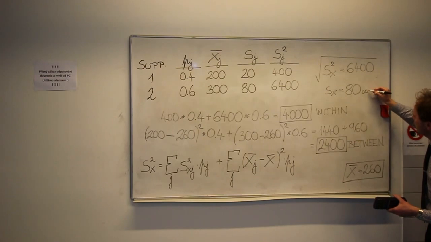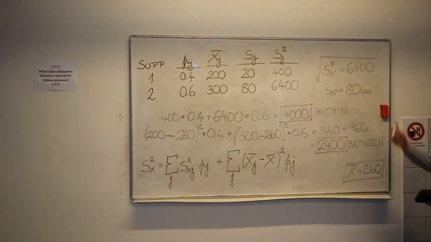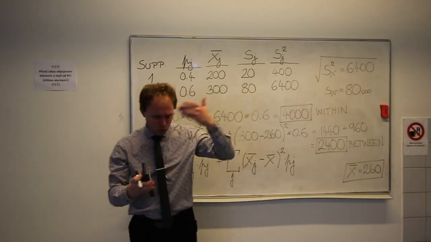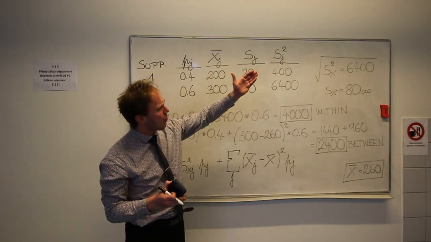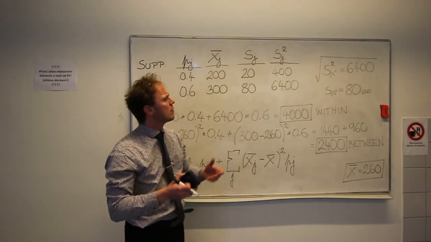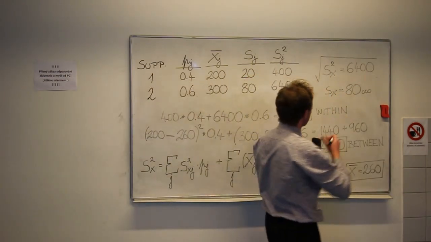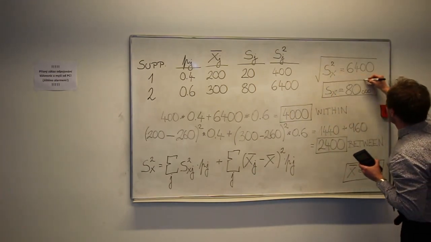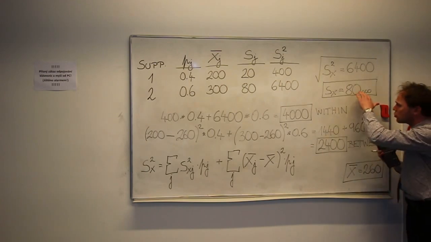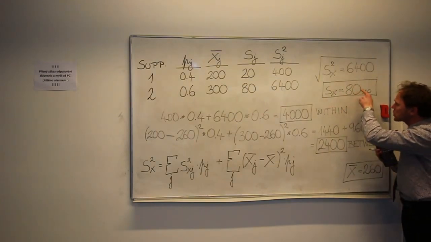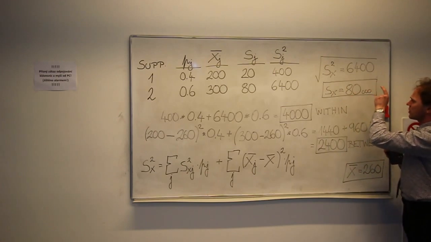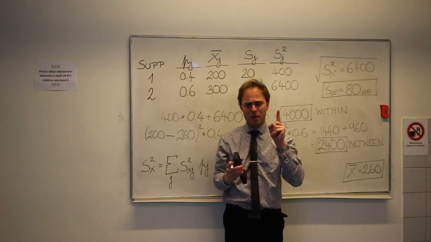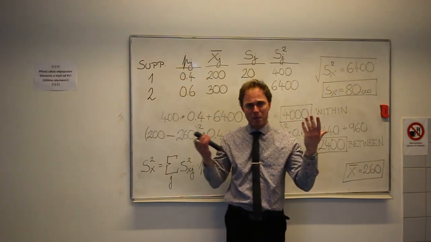Do you know original values were in 1,000 Czech crowns? So the total variance 6,400, but better for interpretation, better for understanding, is to recalculate this to original units. Standard deviation 80,000 Czech crowns, the total absolute variability of payments.